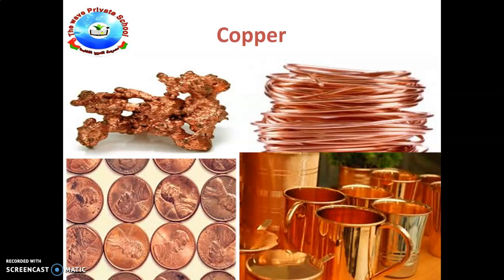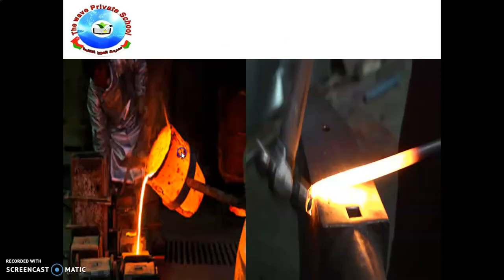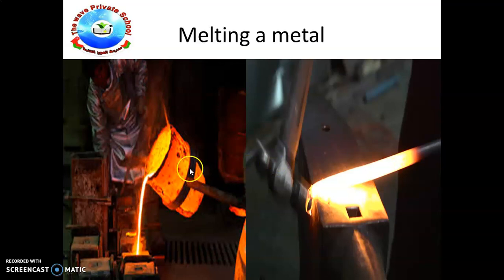So how are these possible? Yes, because this is possible only by heating the metals. Metals don't melt easily, a lot of heat is needed to melt the metal. Understand? Here you can see in the pictures, this is the melting of a metal.